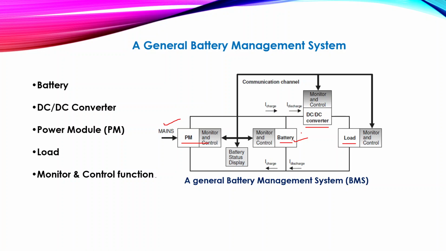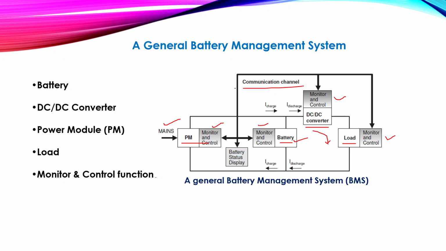The battery supplies power through the DC-DC converter to the load. And we can see the monitor and control blocks are distributed across all the parts, and all these components communicate through a communication channel. So this overall structure forms a complete BMS.